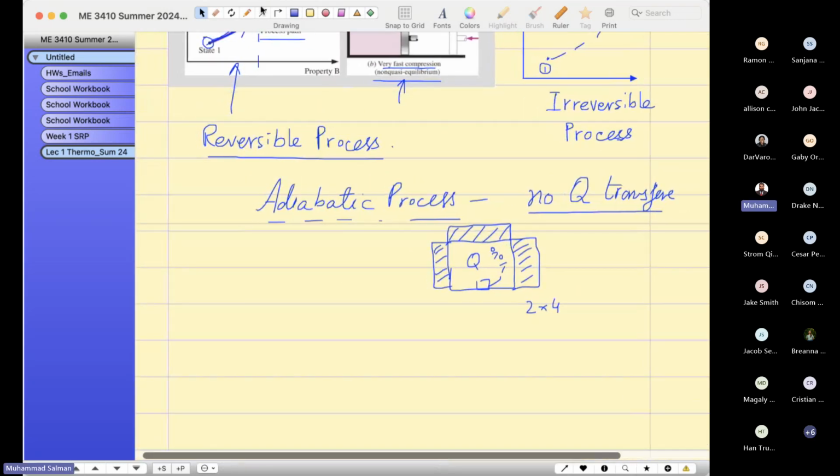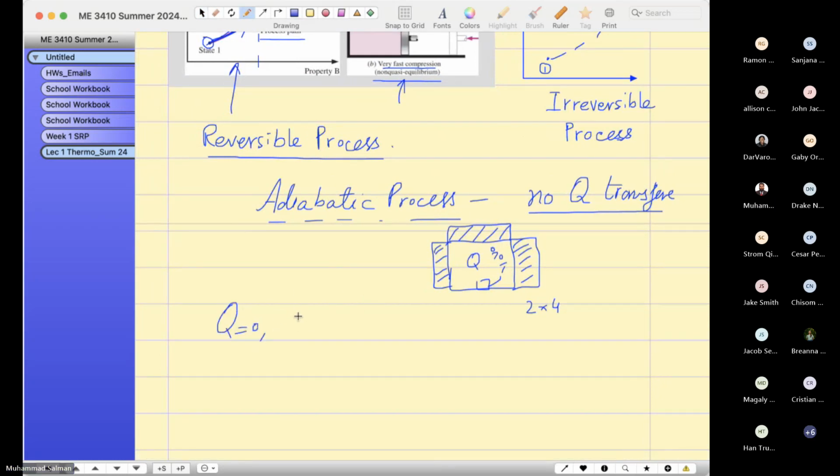And when there is no heat loss, when Q is zero and it is a reversible process, entropy is constant. We will study more.